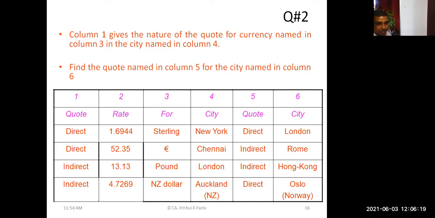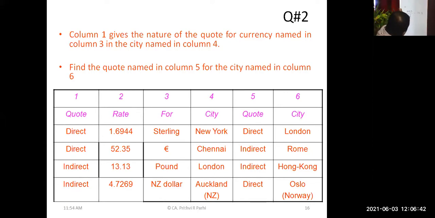Sir, Hong Kong dollar by pound is equal to 13.13. So you are saying this is the code given to you. Hong Kong dollar by pound, pound is GBP, 13.13. Let us check what it is saying. Indirect code from London.